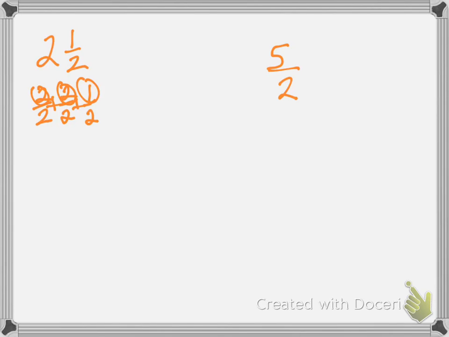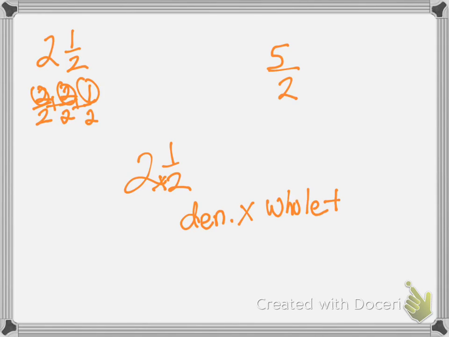Or we can go denominator times whole number plus numerator, and we put that over our denominator. Denominator does not change.